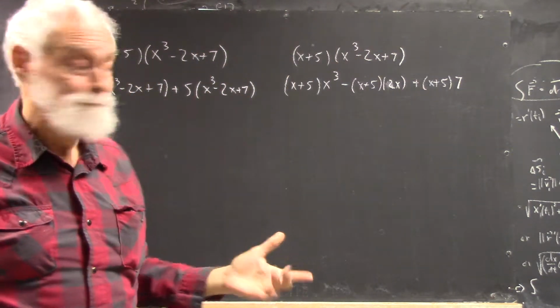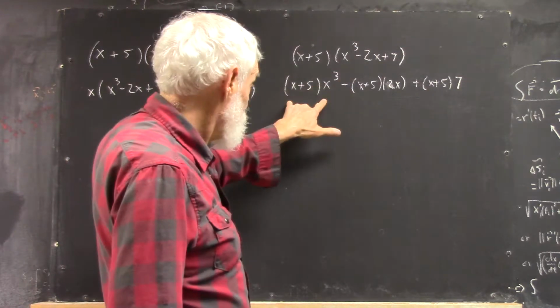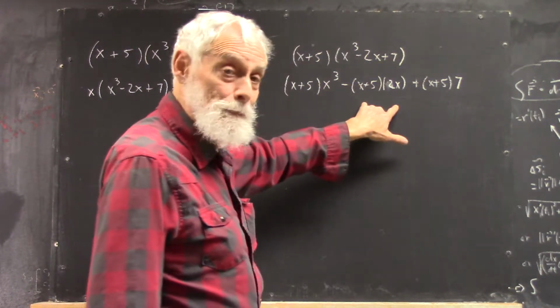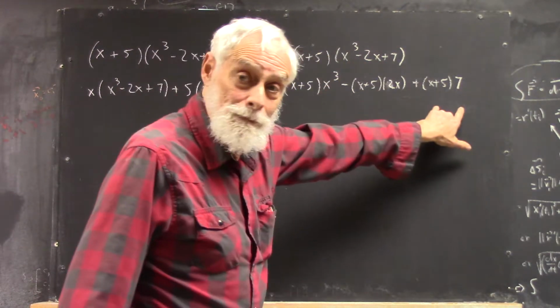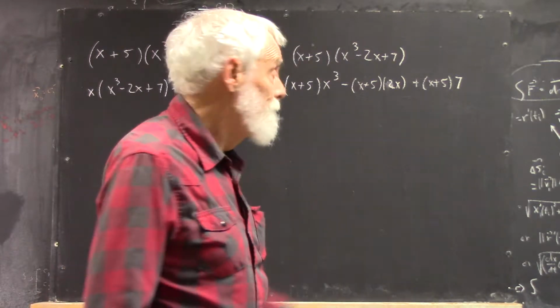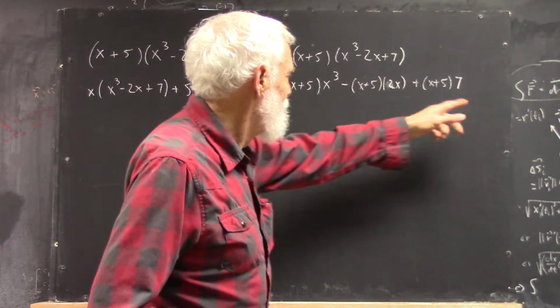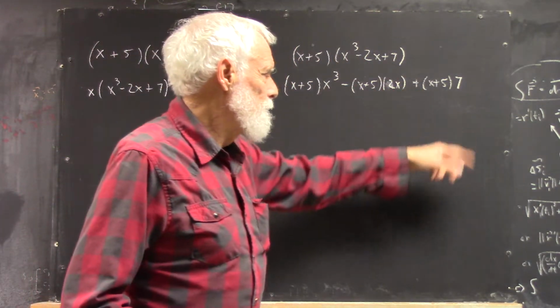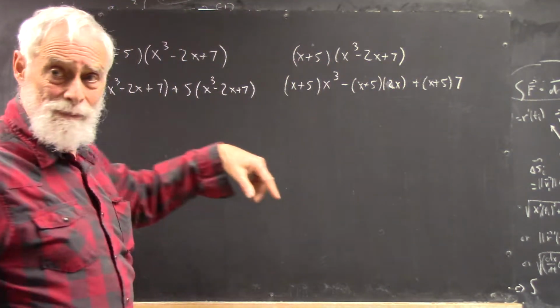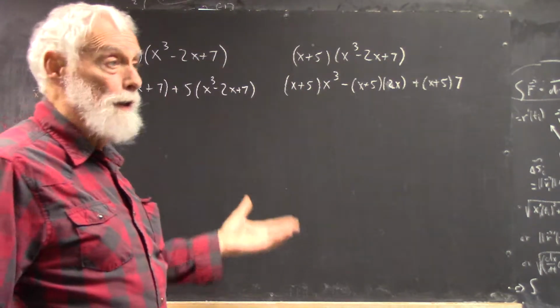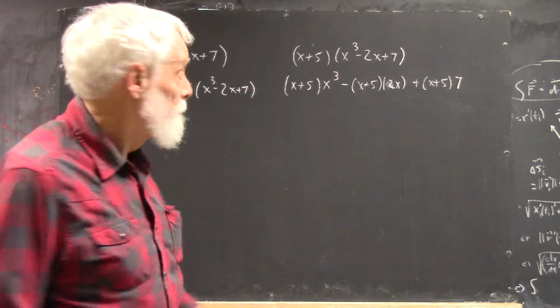In other words, this times this, this times this, and this times this. Now, this kind of tends to get things in what you might regard as a backward order. But it's all right. The distributive law still applies.